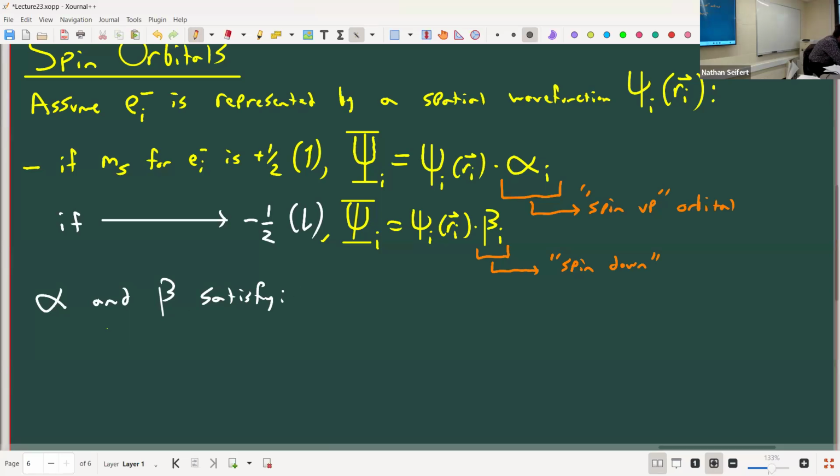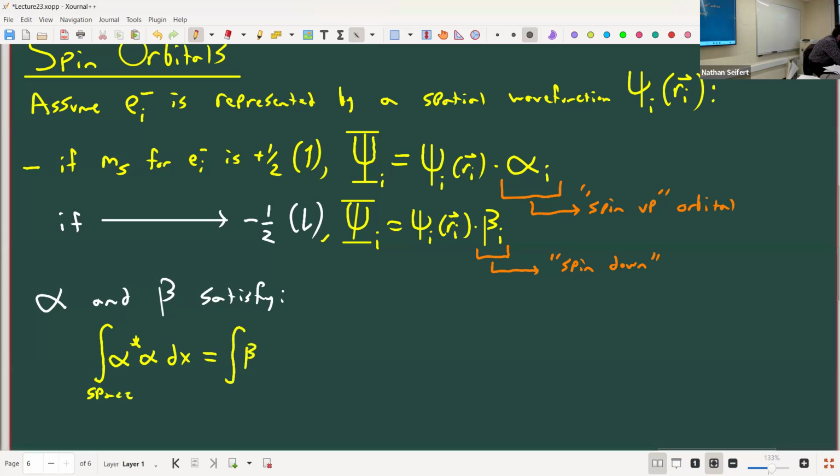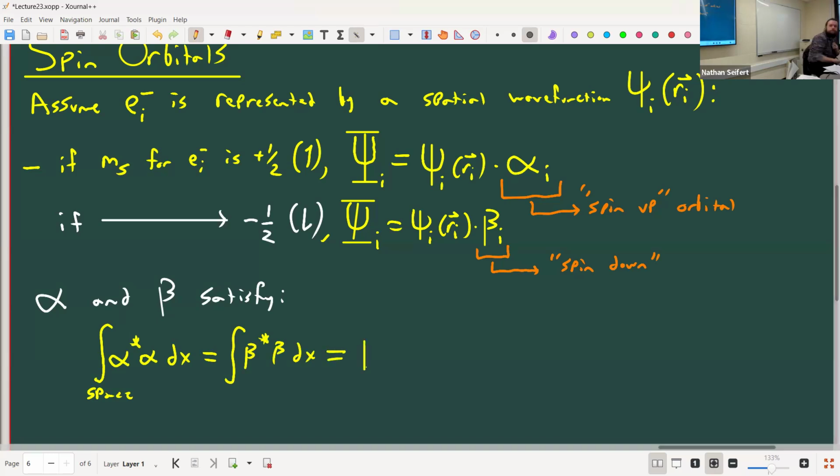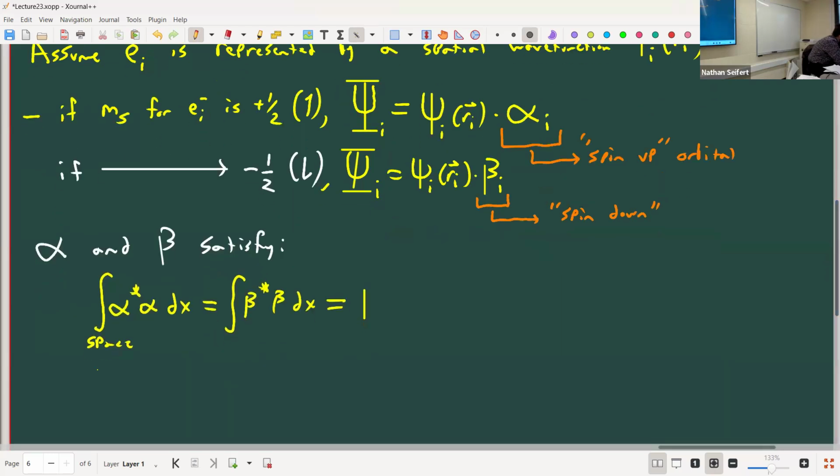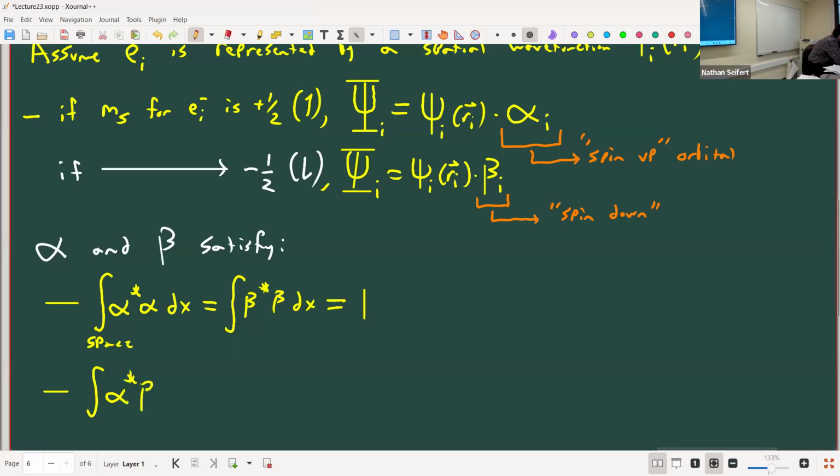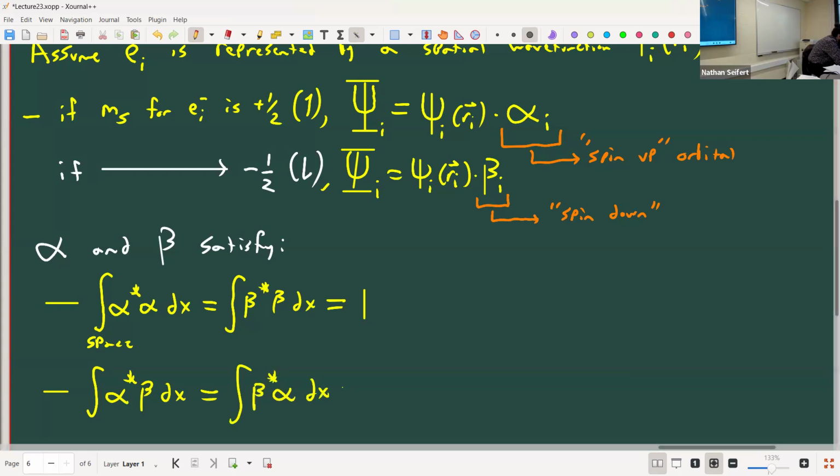The integral over alpha complex conjugate alpha dx over the space of the problem is equal to the integral of beta complex conjugate beta dx, which is equal to 1. And the other property is that the integral of alpha complex conjugate beta dx, which is equal to the integral of beta complex conjugate alpha dx, is equal to 0.